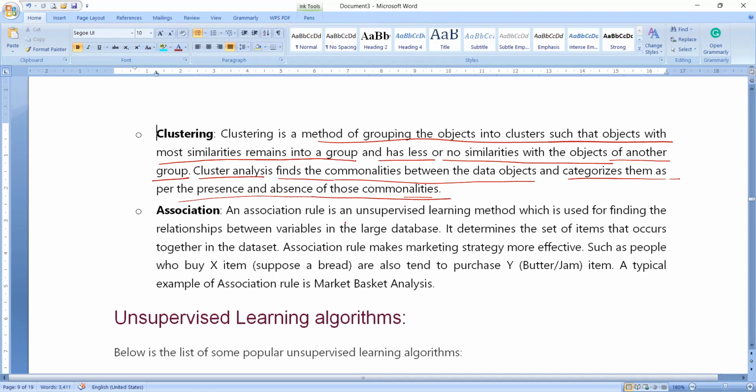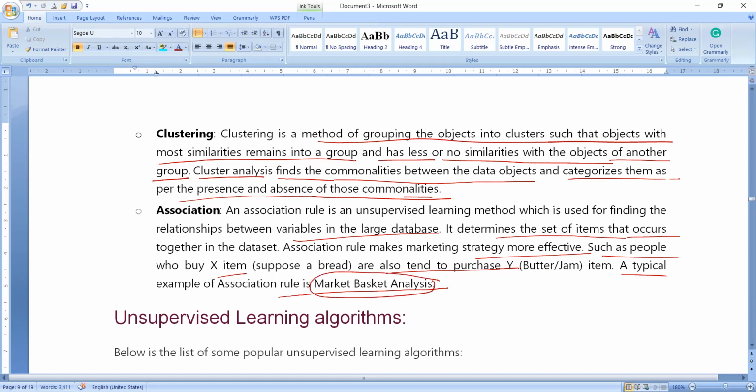Whereas association rule is an unsupervised learning method which is used for finding the relationship between variables in a large data set. It determines the set of items that occur together in the data set. Association rule makes marketing surveys more effective, such as people who buy X item also tend to purchase Y. A typical example of association rule is market basket analysis.